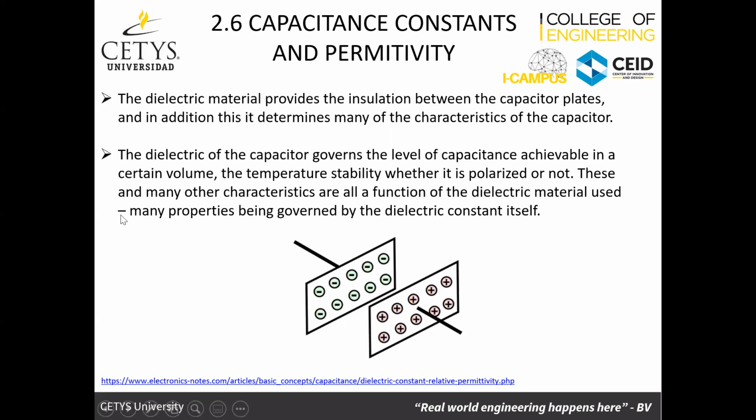We talked about permittivity, and basically a very general, broad definition of permittivity is this constant value or property of a material that has to do with its capacity to allow the storage of charge.